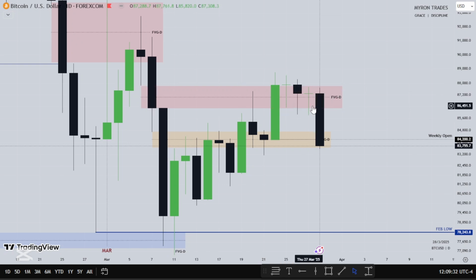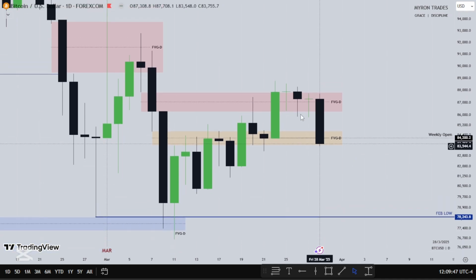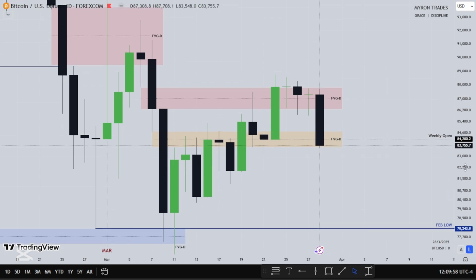You can see how small the candles are. Then Friday gave up the ghost and found resistance at this fair value gap, and crashed down into this previous fair value gap from here.